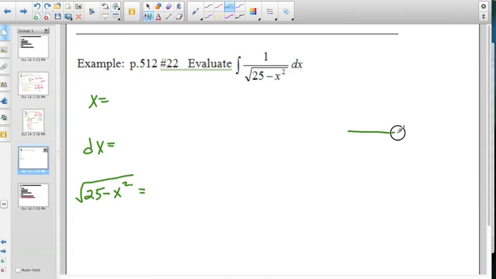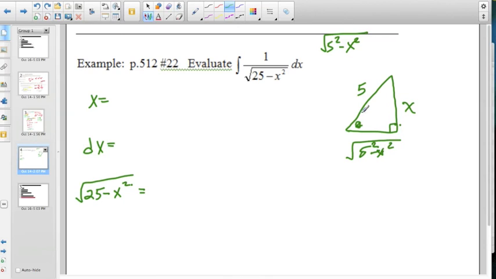So if we set up a right triangle here, and we go ahead and set it up with theta and the variable across from theta, and looking at this pattern here, this is another 5 squared minus x squared pattern, so we know the hypotenuse is 5, and then we know the adjacent side is the expression for the radical, the square root of 5 squared minus x squared.